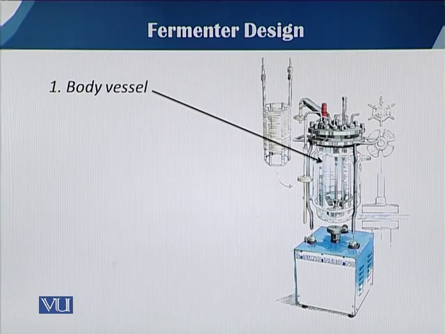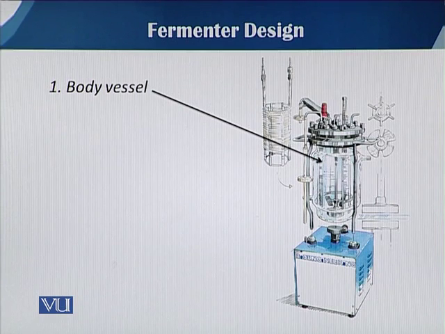The body is basically the vessel or container in which the fermentation process has to be carried out. When we say we have to do the mass culture of the organism, the organism is the hero of the fermentation process, and the fermenter vessel or body vessel acts as the stage. So, the stage is very necessary.